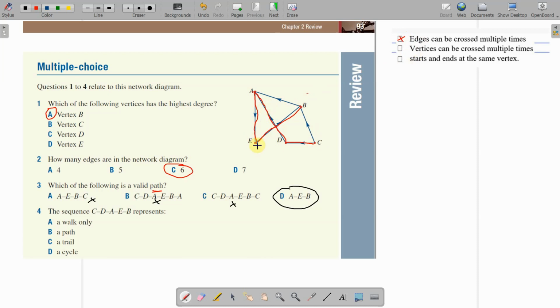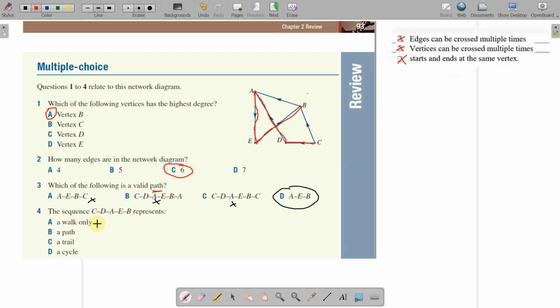That only counts as one. If that went back to there again, that'd be twice. So vertices are not crossed multiple times. Starts and ends on the same vertex? Well, no, it doesn't. So we've got to find something that has no edges crossed twice, no vertices crossed twice, and doesn't start and end on the same vertex.